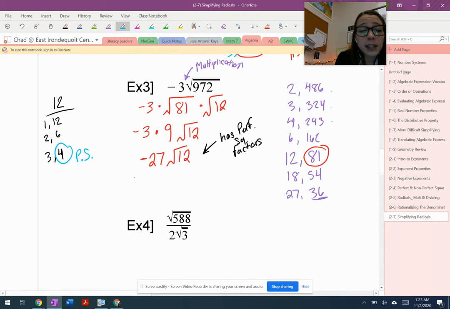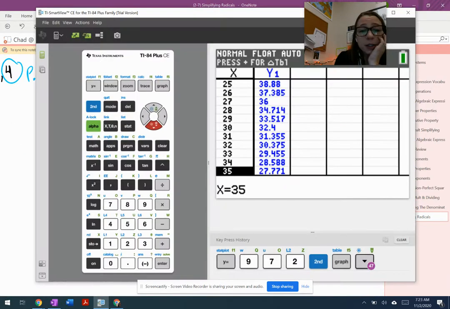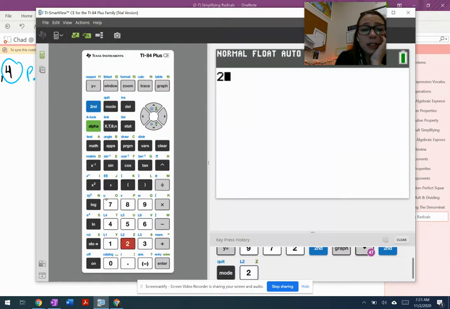So now I'm going to take this even a step further. I'm going to have my -27 on the outside, but I'm going to break up the square root of 12 into the square root of 4 times the square root of 3. The square root of 4 comes out as a nice normal 2, and my square root of 3 stays in the radical. Final simplified answer will come from doing 27 times 2, was it?